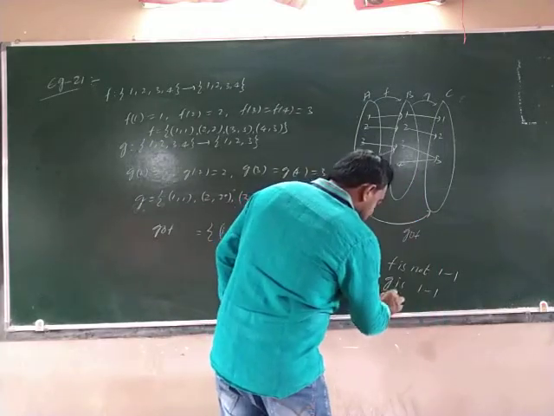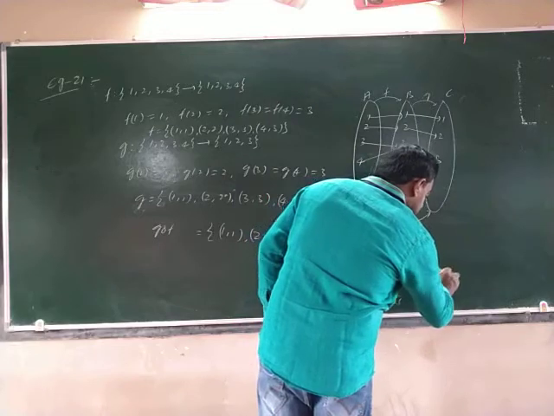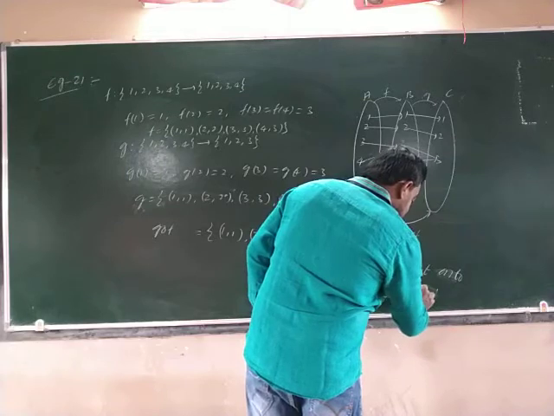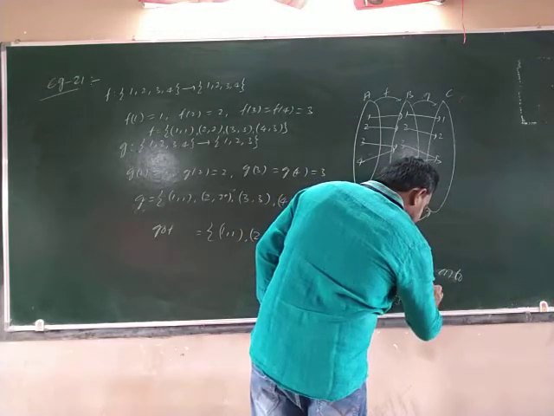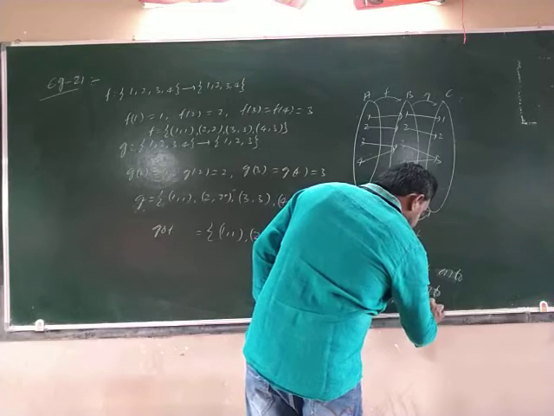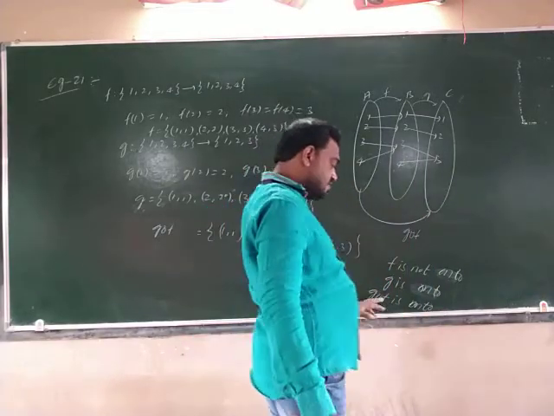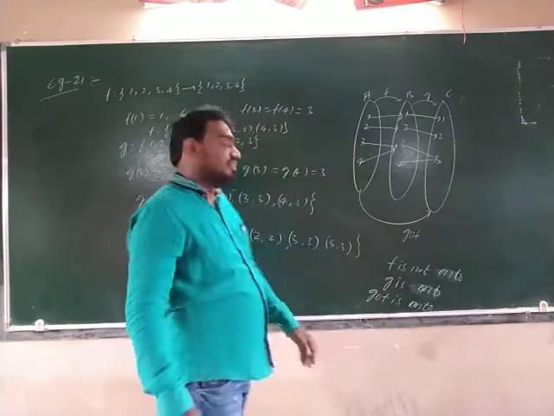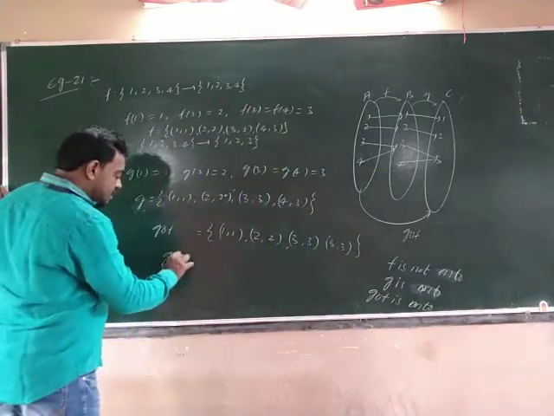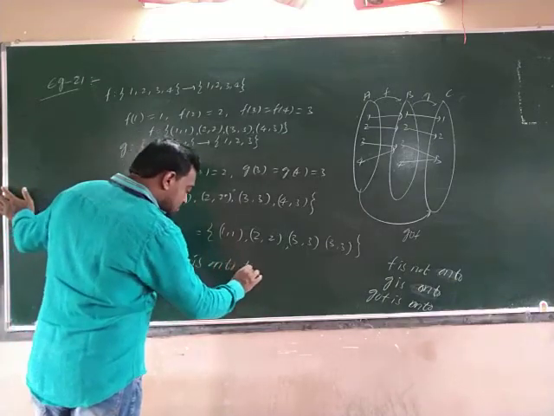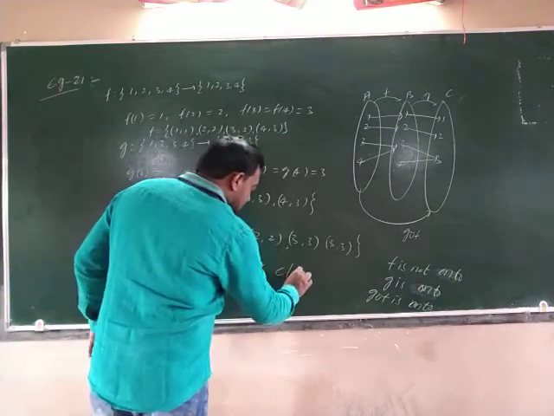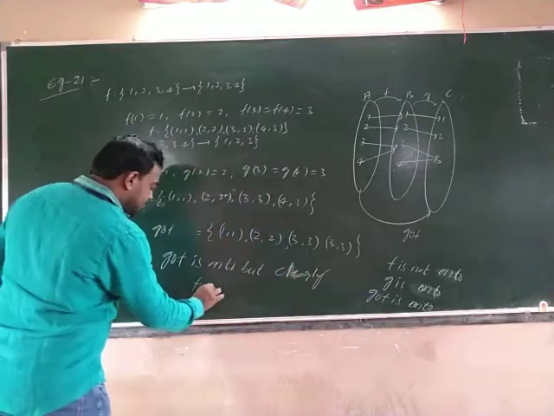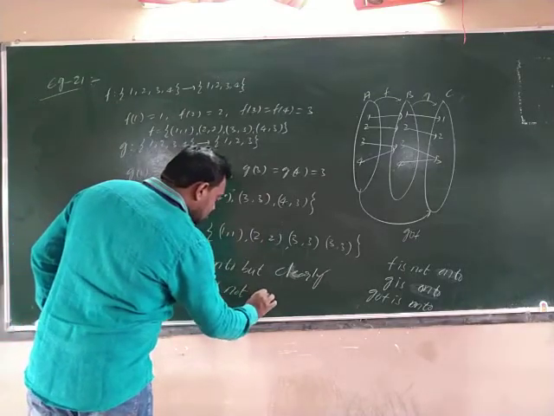Now G circle F is onto, and G is onto, but F is not onto. That means for G circle F to be onto, there is no need for F and G both to be onto. Here you see G circle F is onto, but clearly F is not onto.